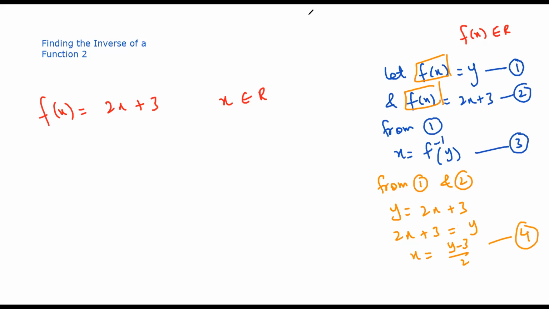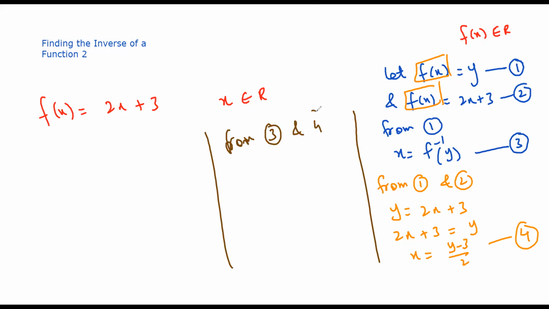Now from 3 and 4, you see in both of these equations, this is your x and this is your x. So they are both equal to x. So you equate again the right hand sides.